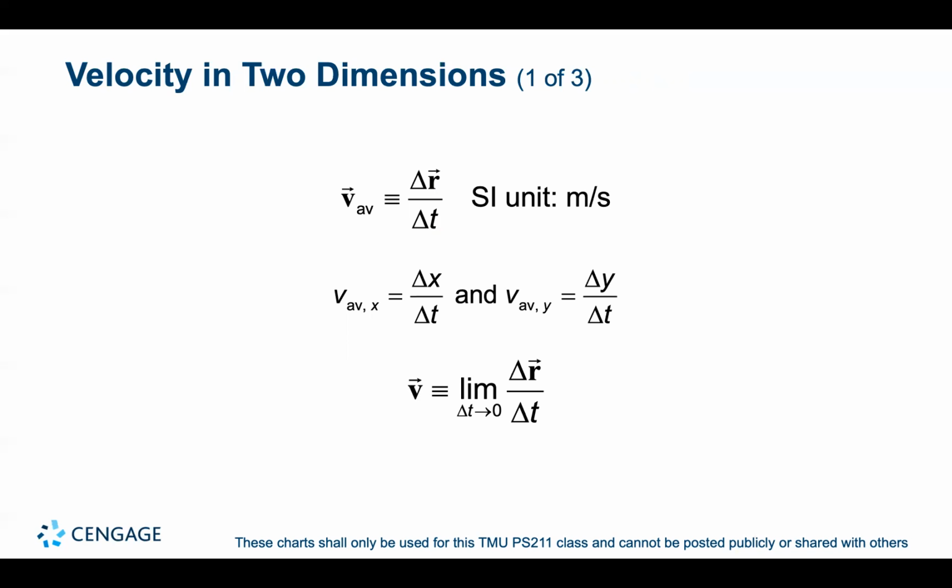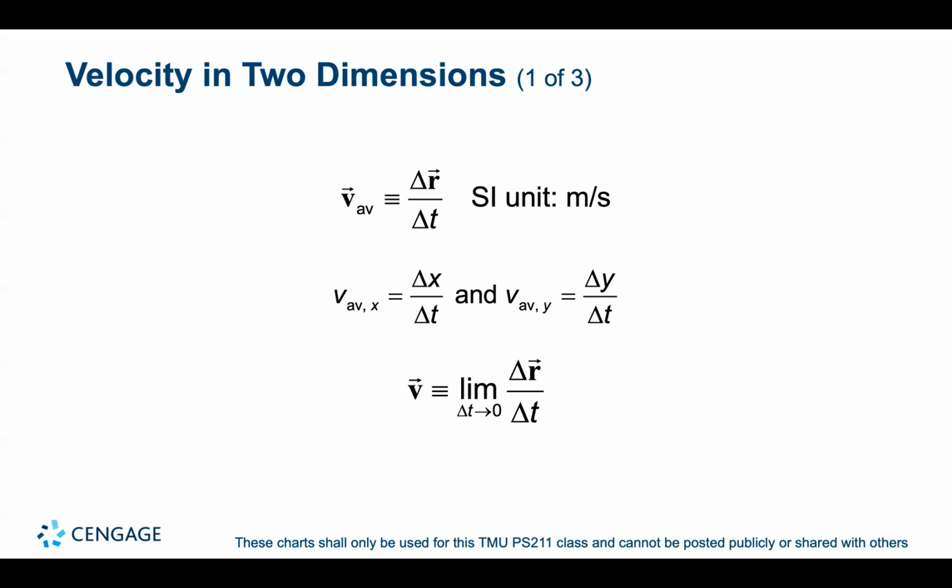The x and y components of the average velocity are given by the equation shown, and express the rate at which the object's position is changing along the x and y axis respectively. Note that the magnitude of the average velocity is just the distance between the endpoints divided by the elapsed time.